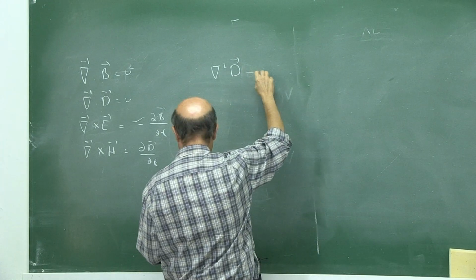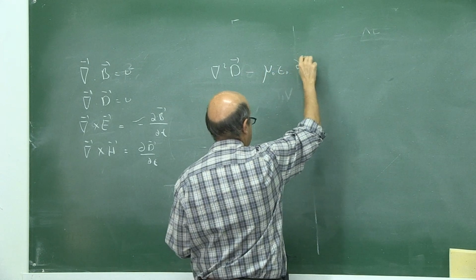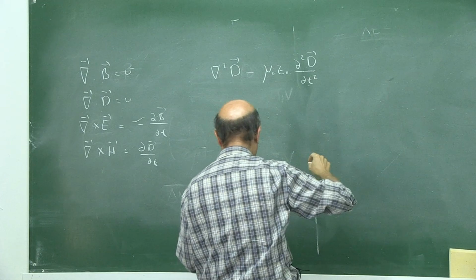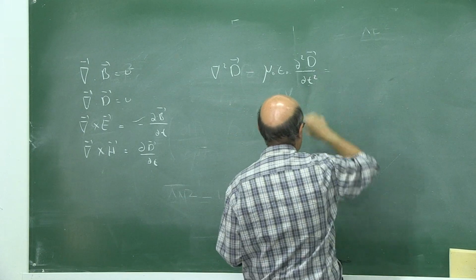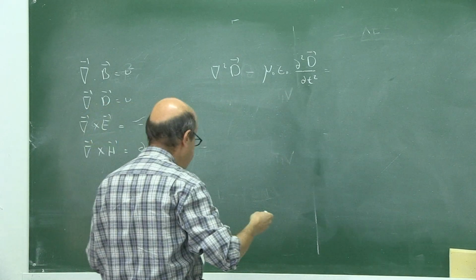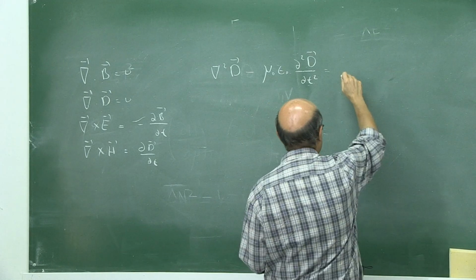Laplacian of electric displacement D minus mu 0 epsilon 0 del square over del t square, equal to non-homogeneous terms, which have a physical meaning, so I will discuss.